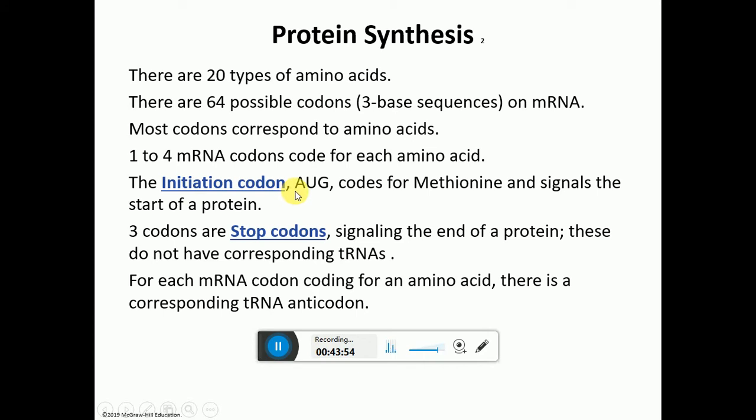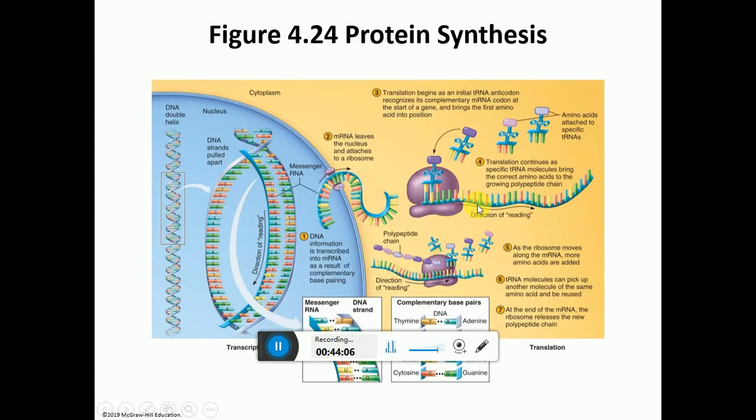So that really talks about the process of protein synthesis, how the only way the body can know where to start reading the messenger RNA is by what is known as a start or an initiation codon, and that would be AUG. That codes for methionine. So if we go back to this picture, the ribosome will read the messenger RNA, and as soon as it finds the start codon, the AUG, it knows that this is where I need to start making the protein.